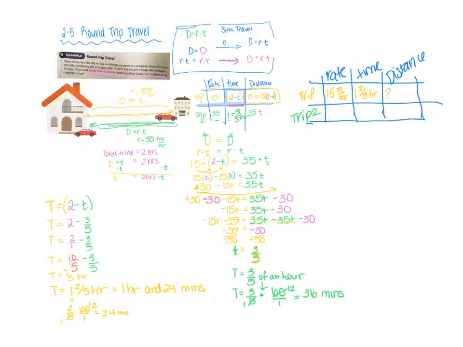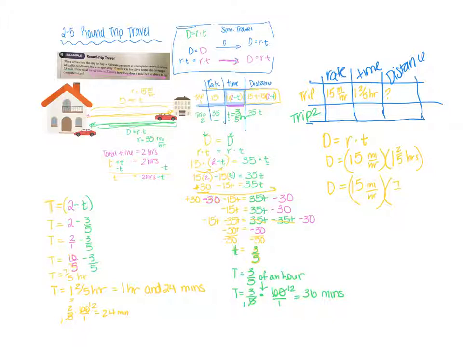But I do know that I can find distance as rate times time. So let's do that really fast. My distance equals 15 miles per hour times 1 2/5 hours. Notice that my units here are going to end up crossing out, so I'm going to get just miles. I'm going to show you that here in a second. First, I need to get my fraction over here improper so I can multiply more easily.